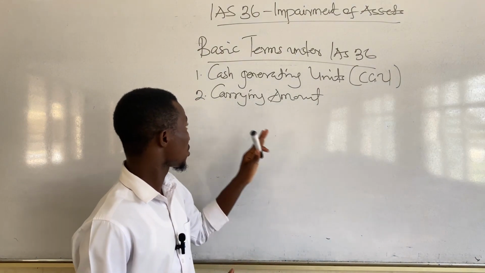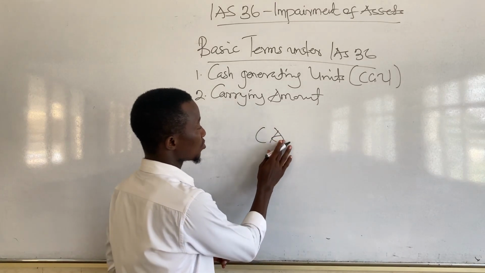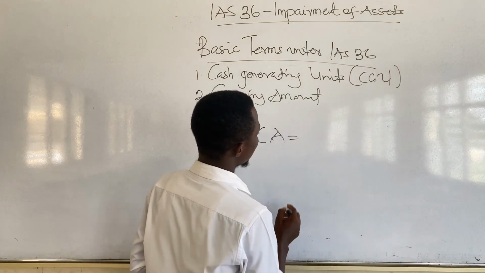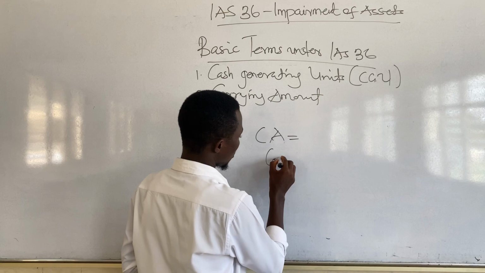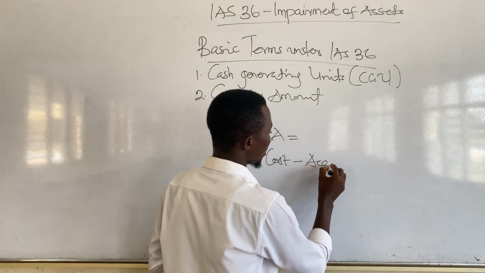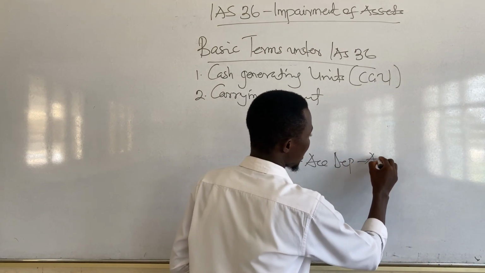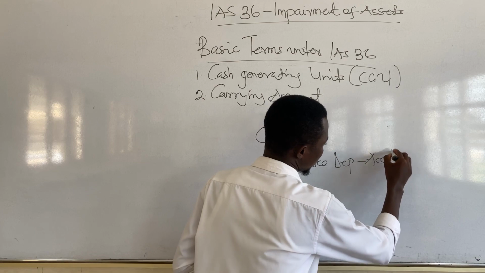So that is what we call carrying amount. So I will say CA, being the carrying amount, has to do with the cost of the asset less accumulated depreciation less accumulated impairment.